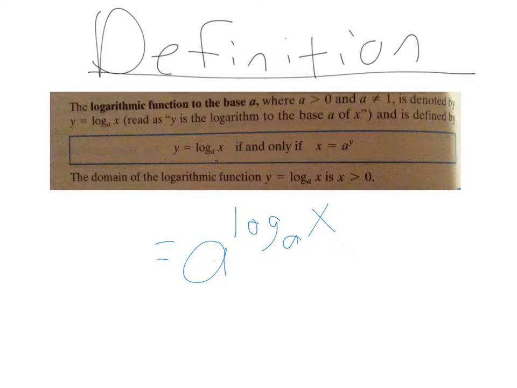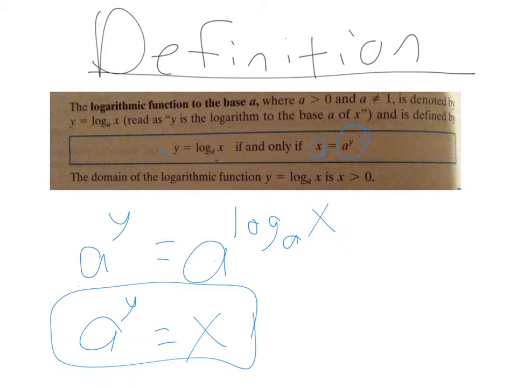The a and the log base a cancel out, so that's how you end up with the x. But what you do on one side, you have to do to the other, so you'll have a raised to a power of y. That's where you get the a raised to a power of y from. That's why they can be rewritten in this manner.